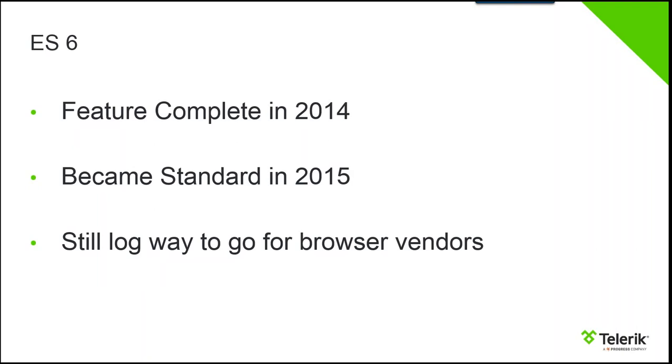And somewhere in July or so in 2015, that is this year, they said, okay, we have frozen the feature set, and this is the standard for ECMAScript 6. This is what will be ECMAScript 6. But having said that, it's still going to be a long way for the browser vendors to catch up.